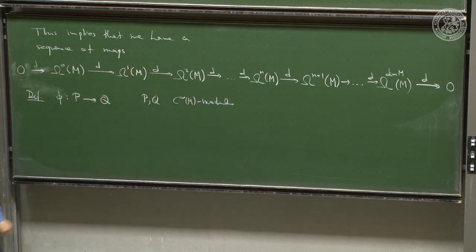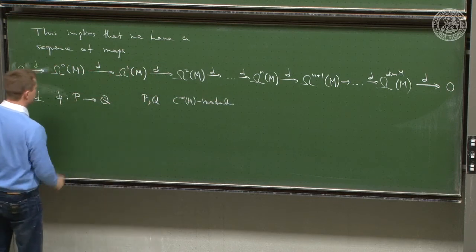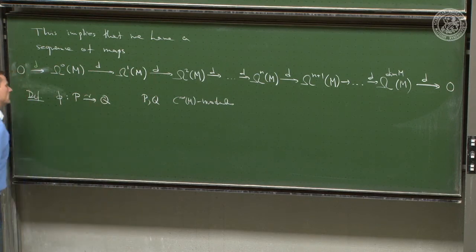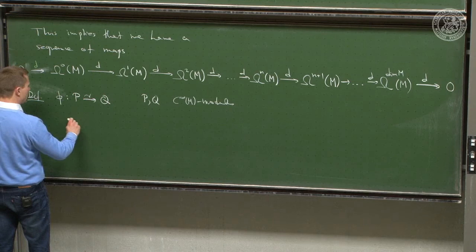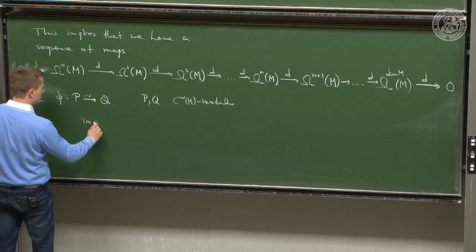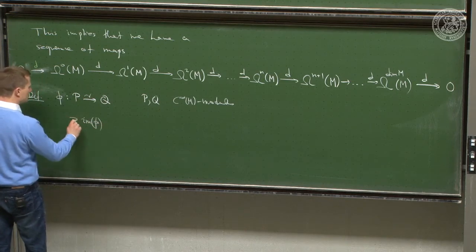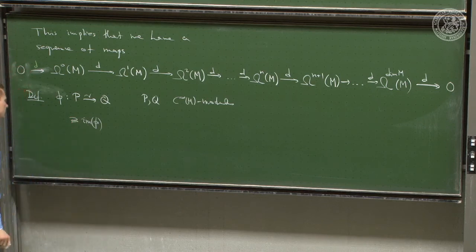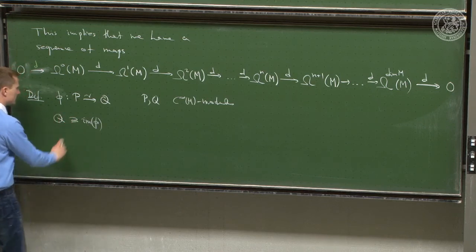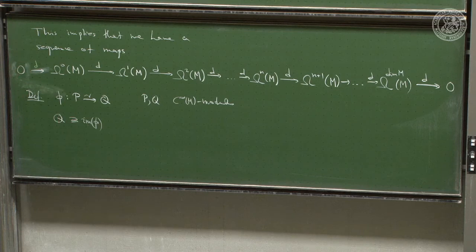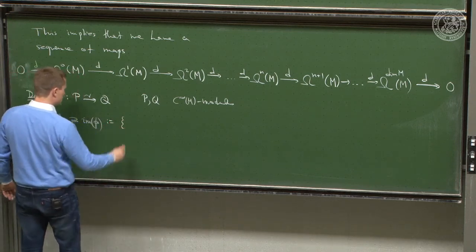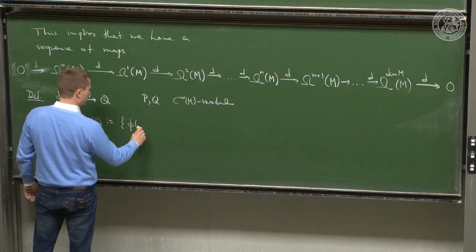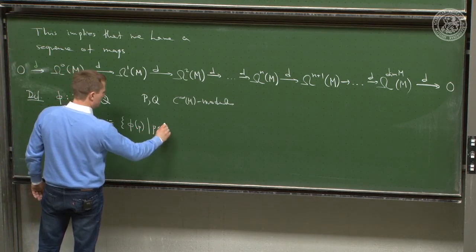Okay, specifically, but quite independent of the C infinity m. If you have a linear map between two modules, you probably saw this between vector spaces, but then you can define two things. You can define something called the image of the map, which is a subset, of course, of the target of the map, and it is all those objects phi of p for p in P.